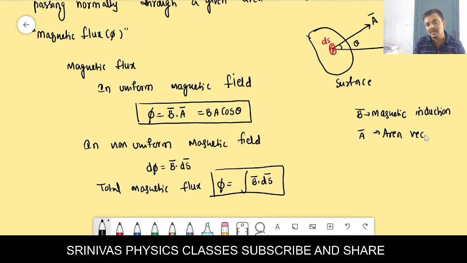What is the area vector? You learned that in the first chapter.